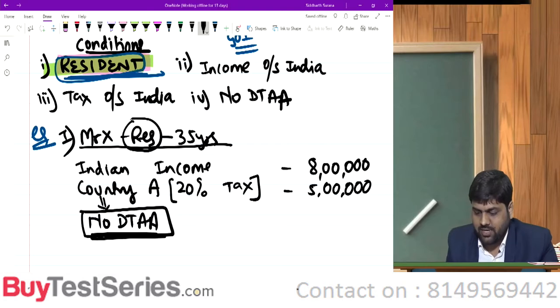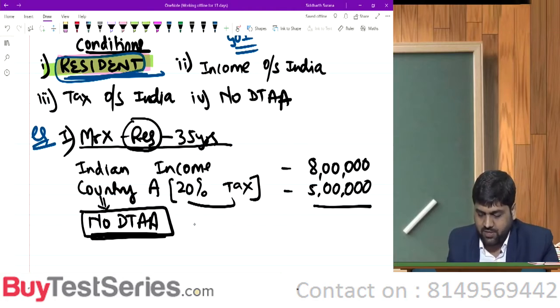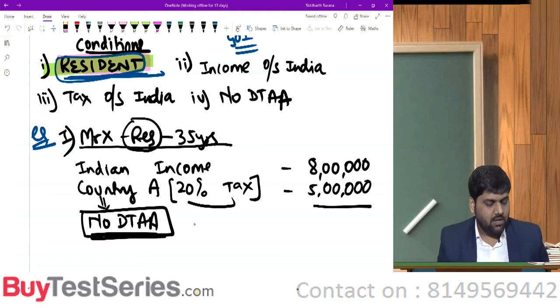Yes, because income outside India, because tax outside India, and there won't be bilateral relief because no DTAA. These things we have already checked even before we came to relief, and this is why we say that the only condition that matters is that assessee has to be a resident.